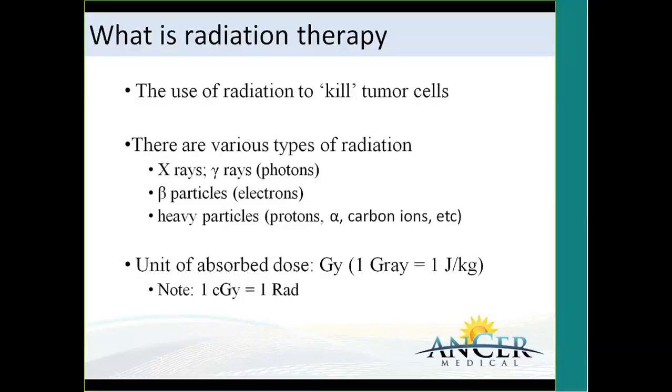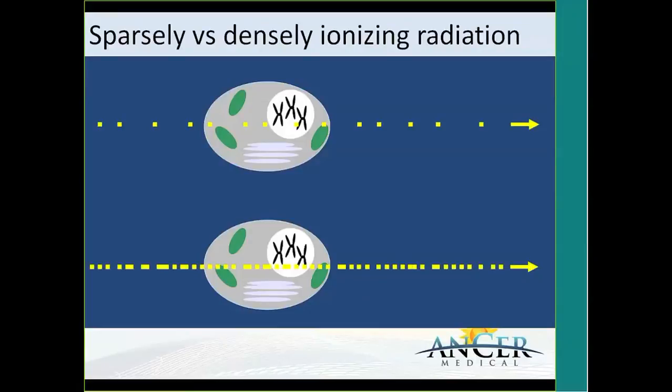Essentially, the difference between the different types of ionizing radiation is how they interact with matter. And you can have radiation that is sparsely ionizing, which means that as the particle traverses matter, it has sparse ionization along the particle track.